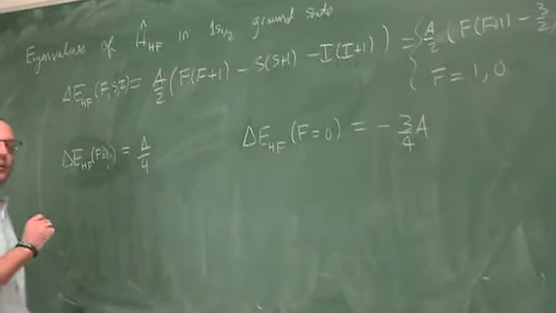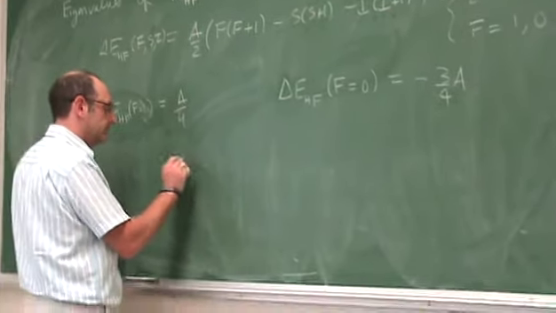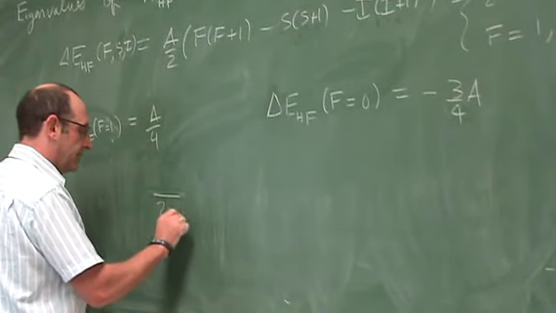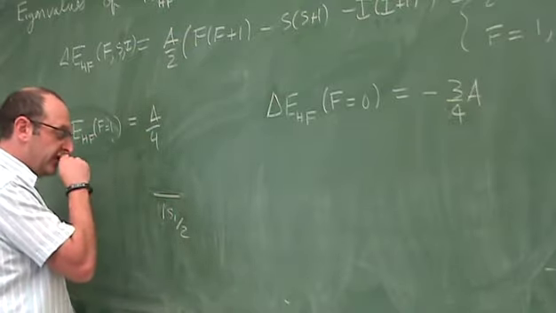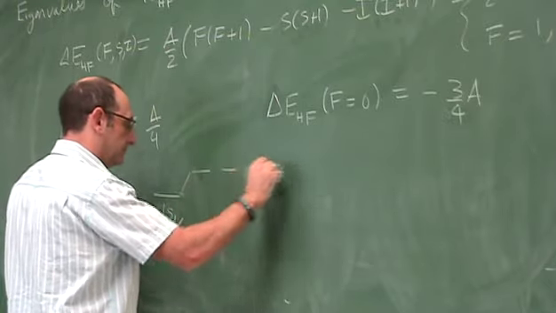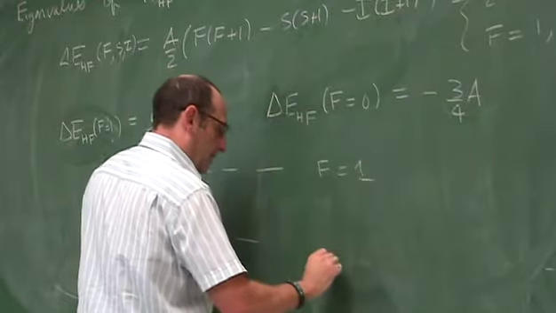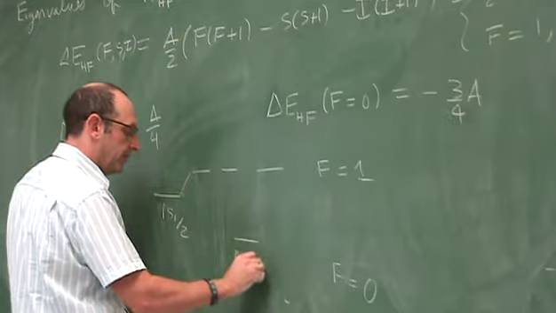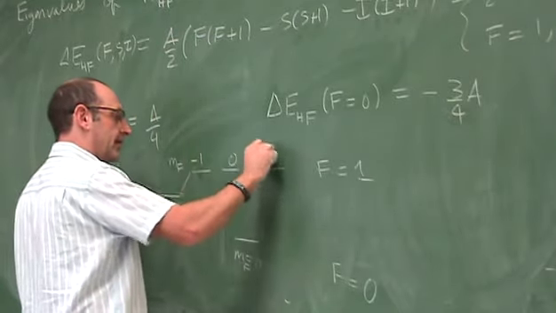So, what we see here is that the 1s 1/2 ground state, which was fourfold degenerate, now gets split into a manifold of states with F equals 0, there's only one, m sub F equals 0, and F equals 1, with m sub F equals minus 1, 0, and plus 1.